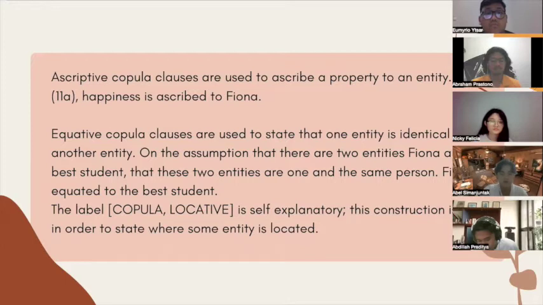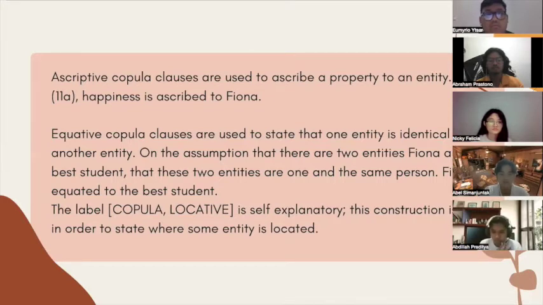Ascriptive copula clauses are used to ascribe a property to an entity. In example 11a, happiness is ascribed to Fiona. Equative copula clauses are used to state that one entity is identical with another entity, on the assumption that there are 2 entities, Fiona and the best student, and that these 2 entities are one and the same person.